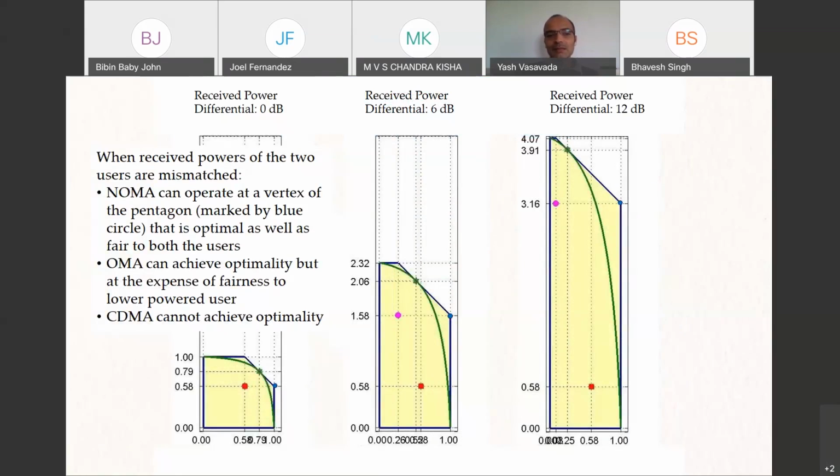So looking at it side by side, we can say that when the power levels of the two users are mismatched, which is the near-far problem in CDMA, until the advent of NOMA, near-far was considered a problem.